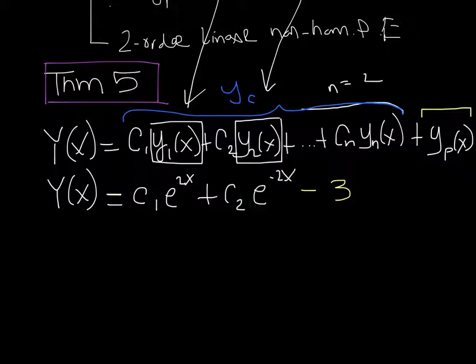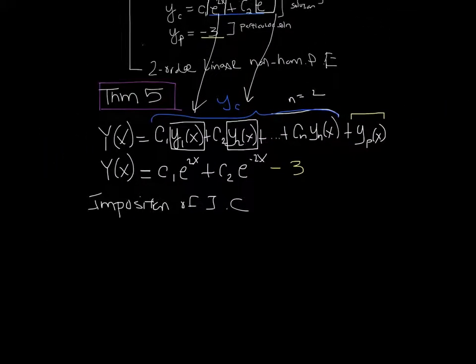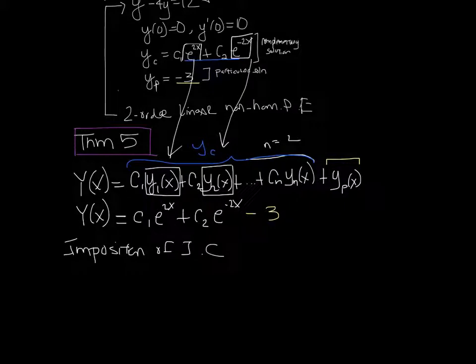Now we need to find our C1 and C2, and we've been doing that by imposition. Let's impose our initial conditions, and let me write them so I don't have to scroll every time. So y of 0 is 0, and y prime of 0 is 10.